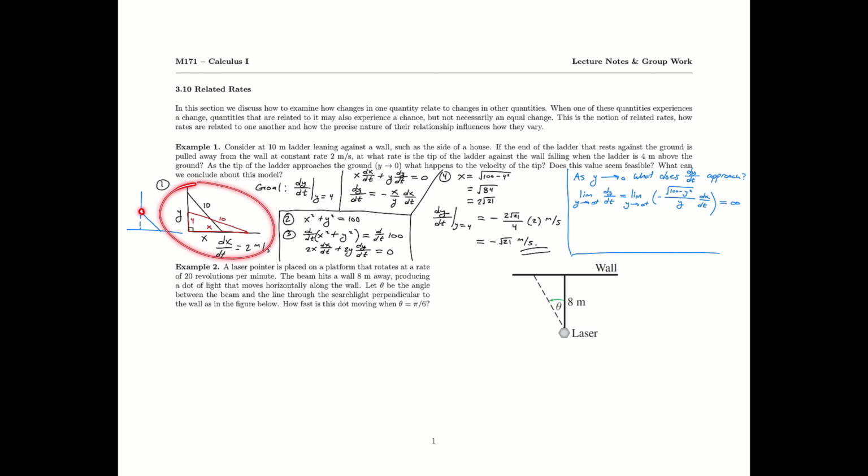Our mathematical model assumes that it always makes contact with the wall, but physically that is not what happens if you do an experiment. So what's the takeaway here? The takeaway is, whenever you apply mathematics to a real world problem, there are certain assumptions that you have to make in order to write down that model. Those assumptions may or may not be physically true. And whatever conclusions we draw from our mathematical model are going to be a result of those assumptions.